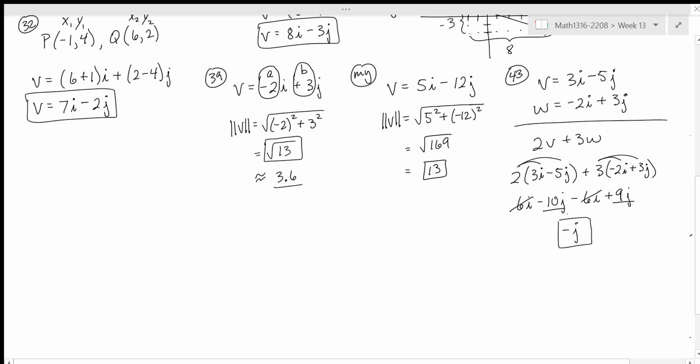Wow, and that, yeah, there's not much to that vector. Did y'all know that that vector right there would be a vertical vector? Because the i is the x component, which there is none, right? So there's no left or right movement, there's only up or down movement. Vertical vector.